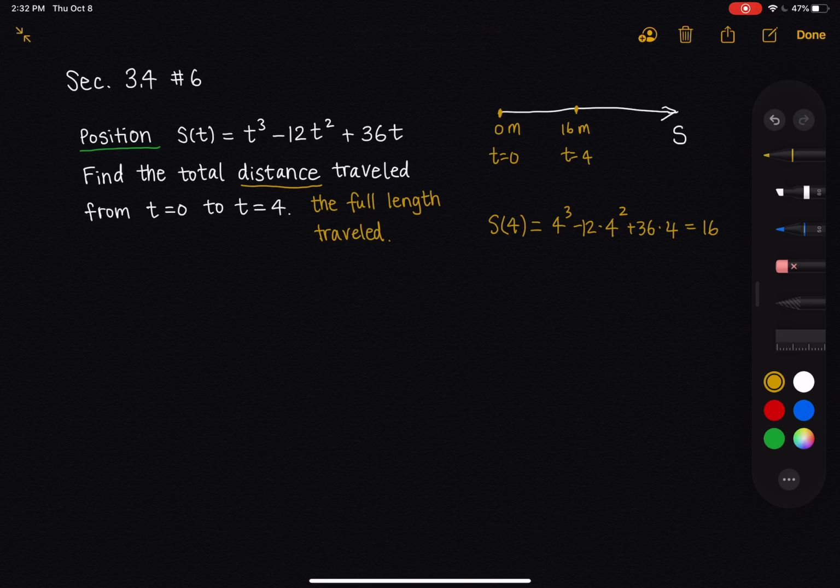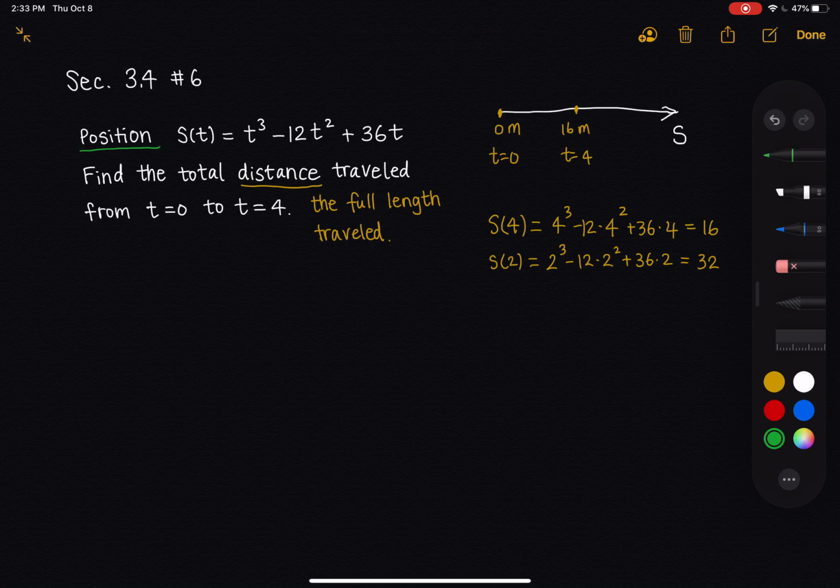So the question is asking for the total distance traveled. It's not simply from where it began to where it stopped, 16, because that is just the displacement. If you look at s of 2, you get 2 cubed minus 12 times 2 squared plus 36 times 2. Plugging it into a calculator, you get 32.